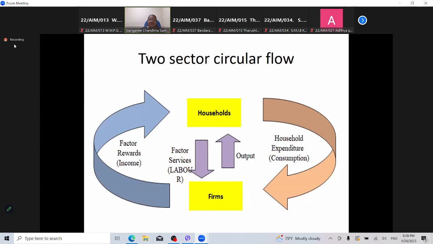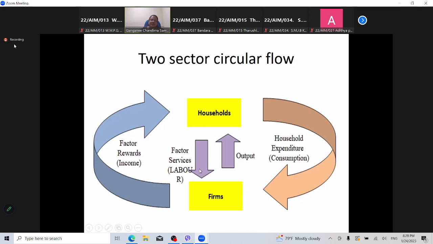Then labor is provided from households to firms to produce things. So in return, what do firms do? Firms give salary to the labor. Simply. So that's why here you can see the circular flow between households and firms.